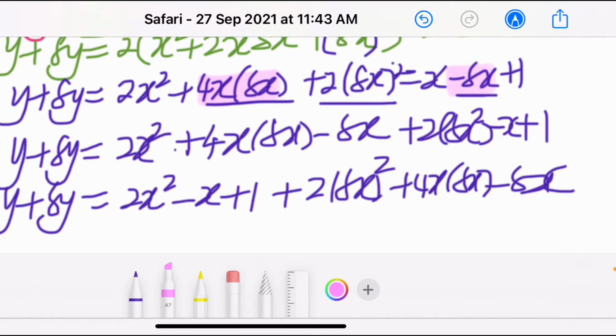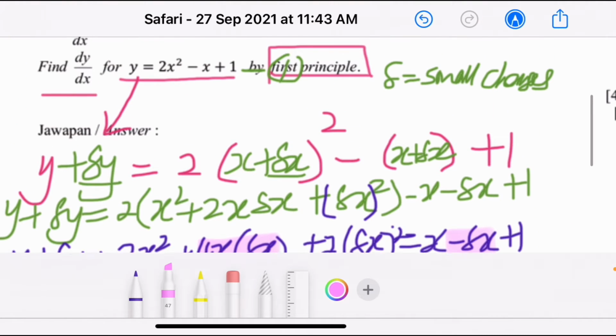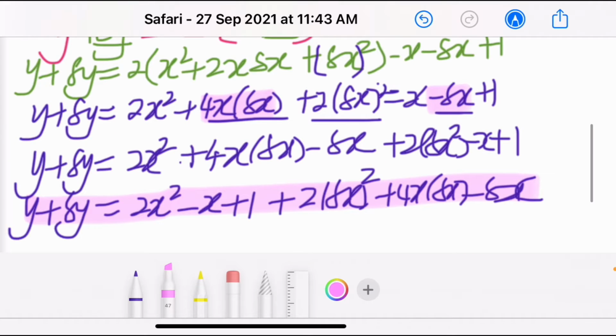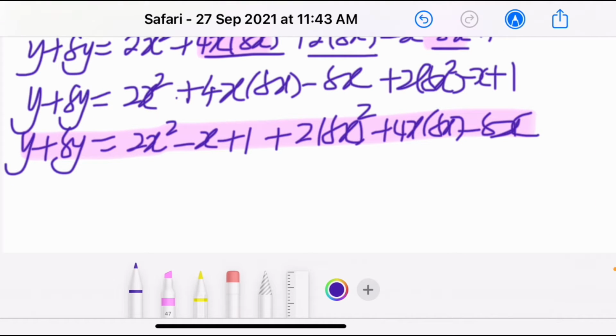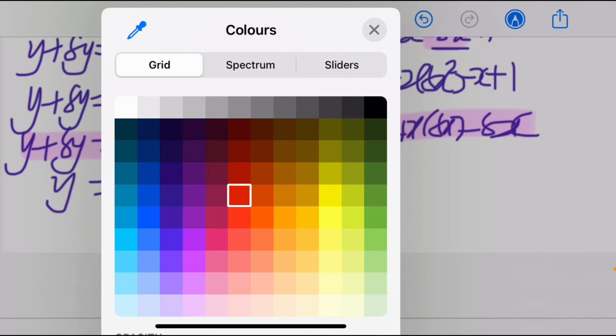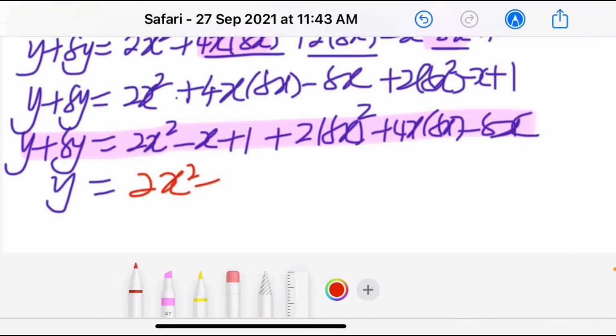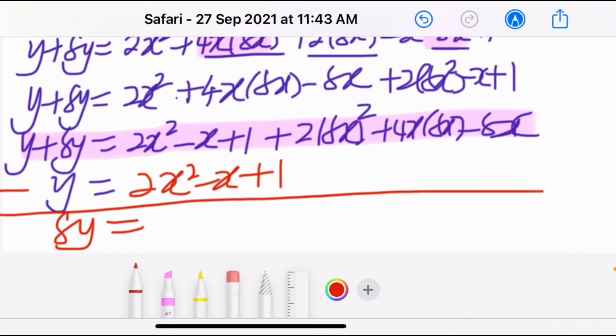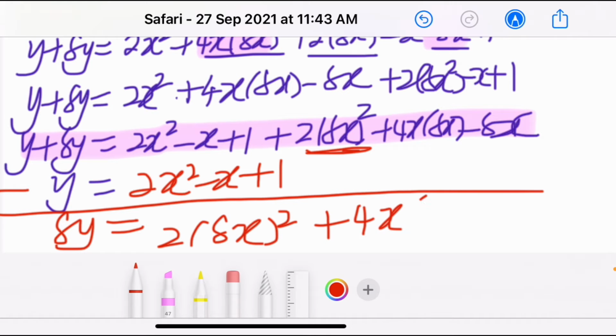If I take away the y, which is 2x squared minus x plus 1, I will get delta y equal to 2 delta x squared plus 4x delta x minus delta x.